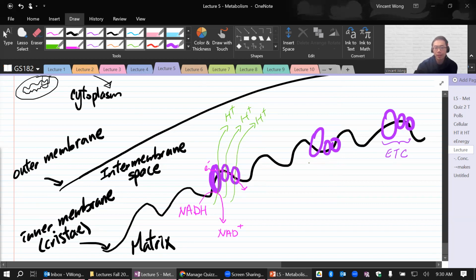Like this, right? Same thing over here. You may have another NADH over here, and then it's going to pump H plus. So over time, you will have lots of H plus in the intermembrane space.